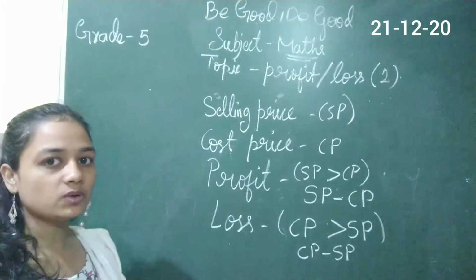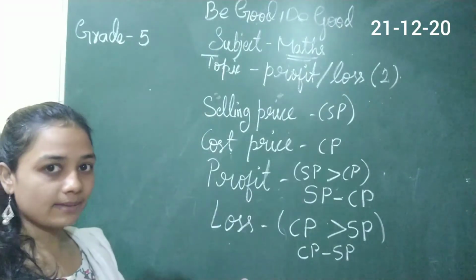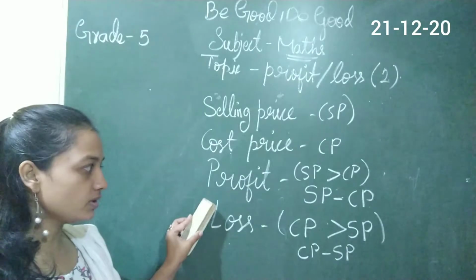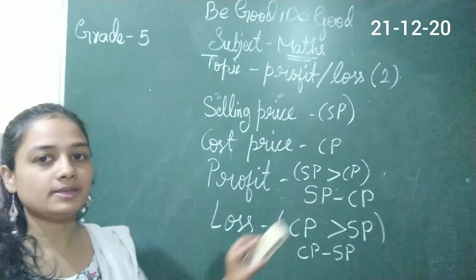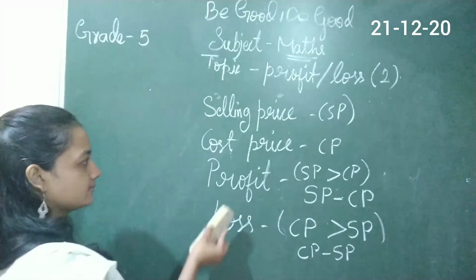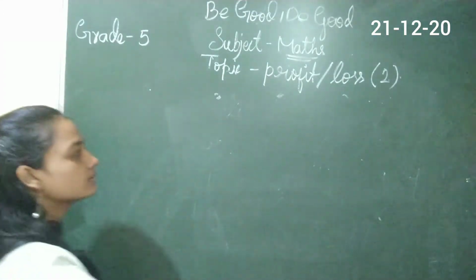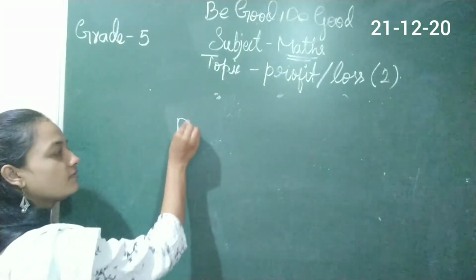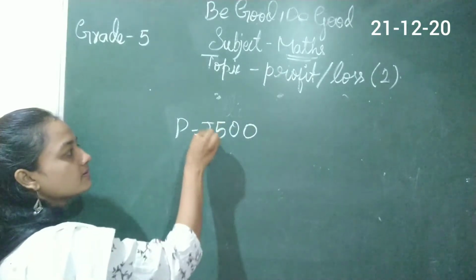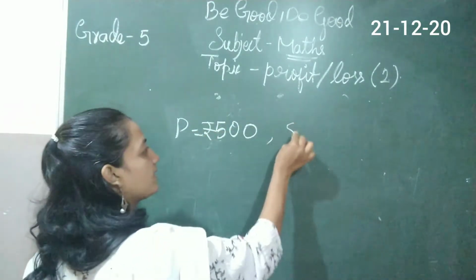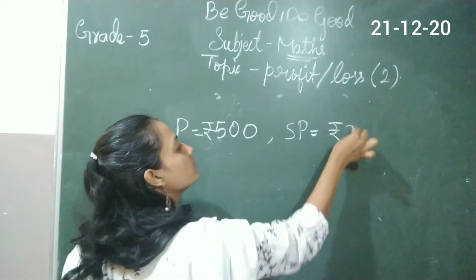So in today's video, we will be continuing with this only, but this time we will be giving you profit or we will be giving you loss. You should find SP or CP like this. So I give profit is 500 rupees and my selling price is 2000 rupees.